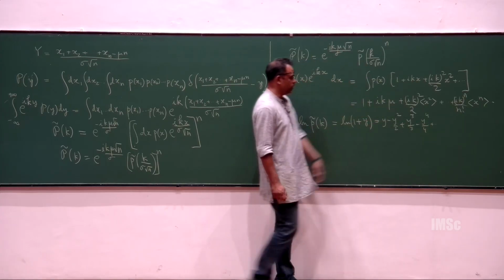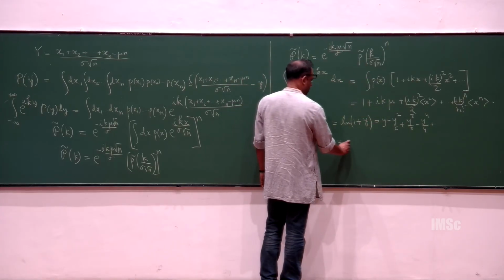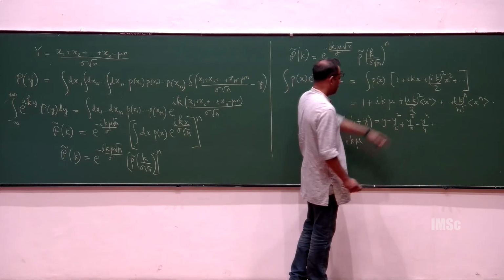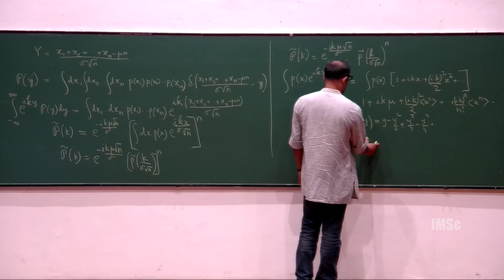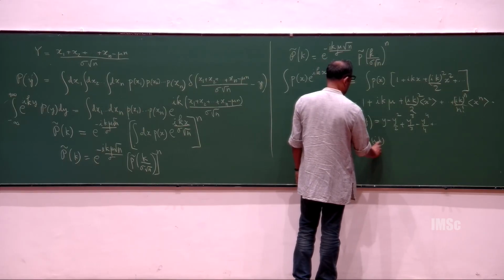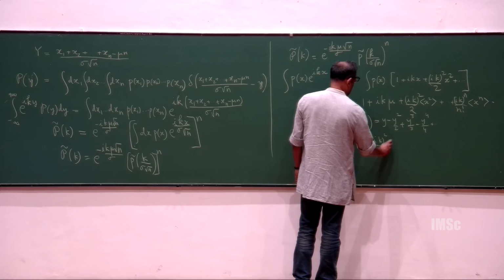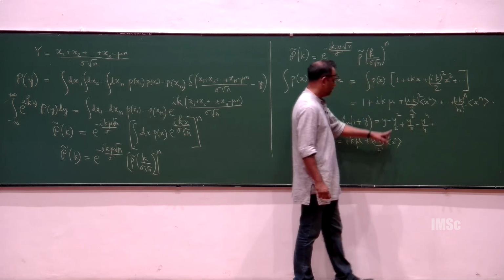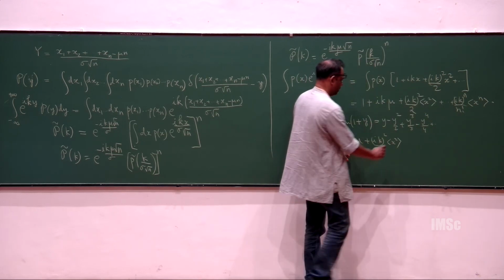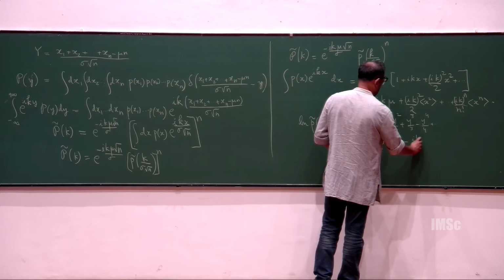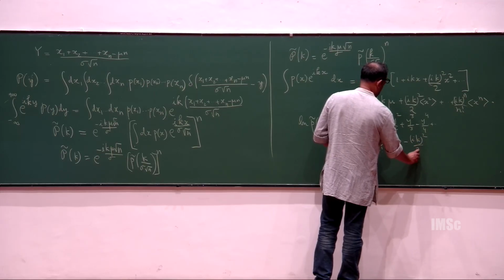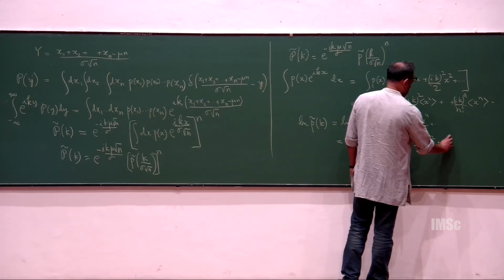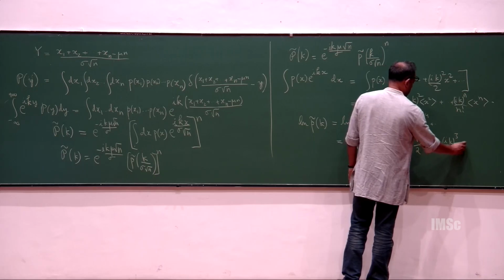Where y is this whole quantity, so this becomes I k mu, second one is plus I k whole square by 2 factorial x square plus higher order terms, minus y square by 2, minus I k whole square by 2 mu square plus I k the whole cube and so on.